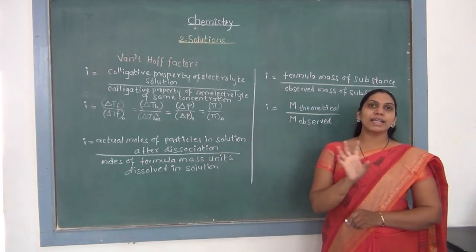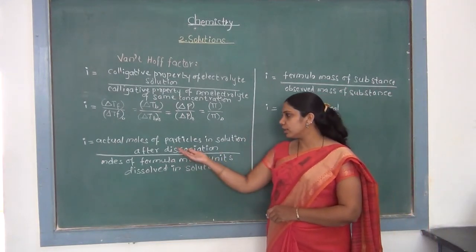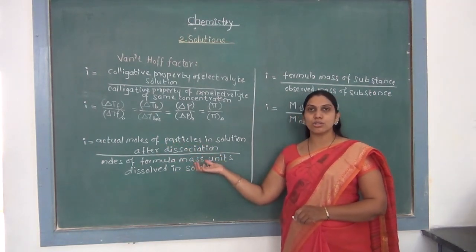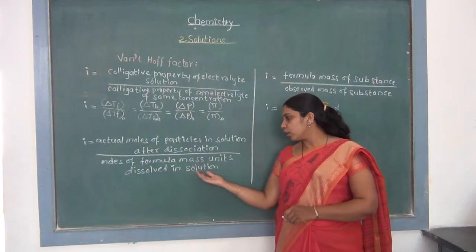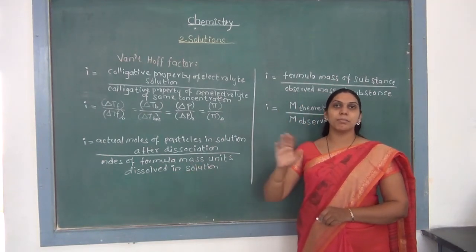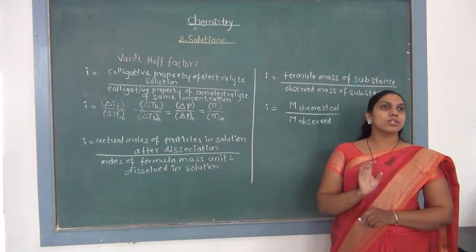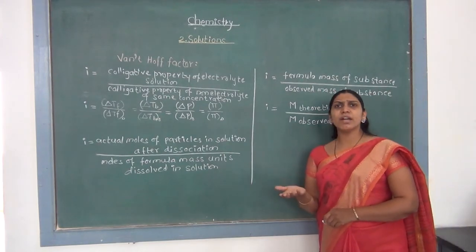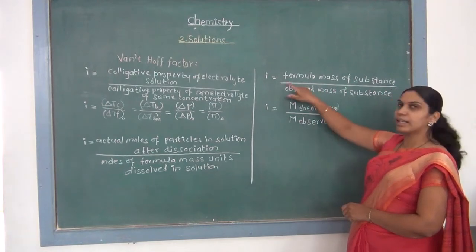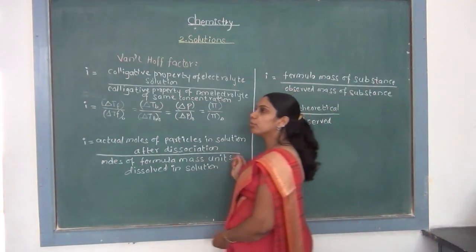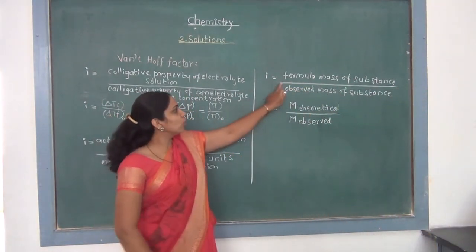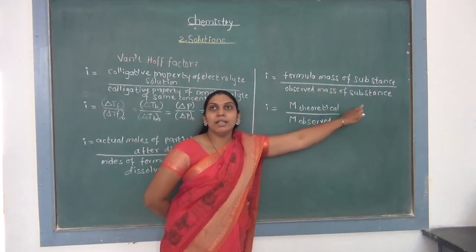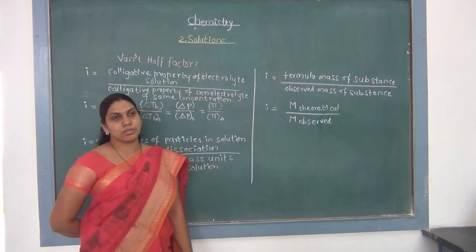This is how you can calculate the Van't Hoff factor using the formula of number of particles after dissolution divided by number of formula units before dissolution which were dissolved in the solution. One more formula for Van't Hoff factor is: i is equal to formula mass of substance divided by observed mass of substance.